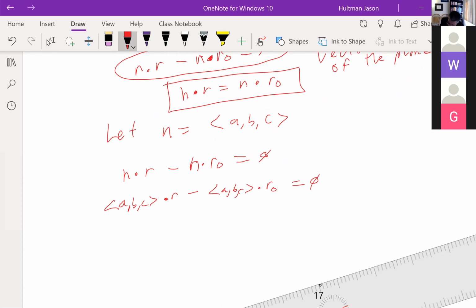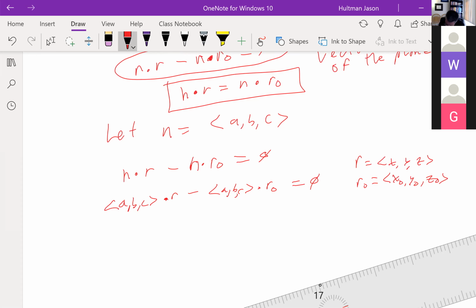Okay, so how would we represent r though? R is all the values that could be on that line. All the points that could be on that plane, okay, in some sort of line is r. So I'm just going to represent r as x, y, z. And r naught, I'm just going to represent as a specific x naught, y naught, z naught.